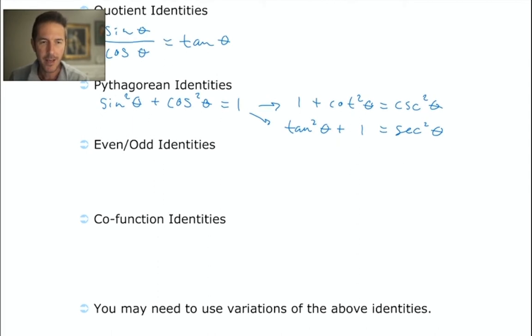Even and odd identities. Remember that the tangent and cotangent functions are your odd trig functions. And when you have an odd function, I'll use tangent, for example, the tangent of negative theta is equal to the opposite of the tangent of positive theta.